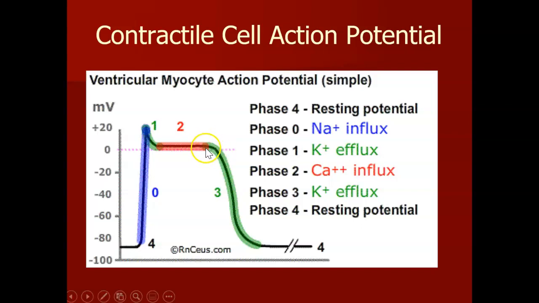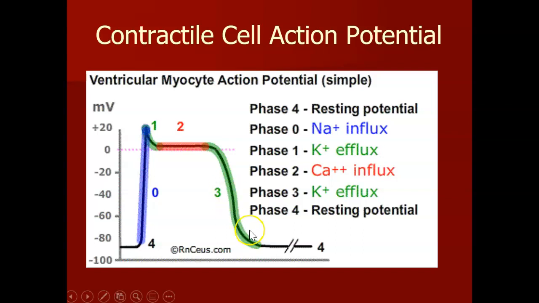So at some point, we're going to go into what's labeled as phase 3 here, where the calcium channels are going to slowly close off. We still have potassium channels that are open and spitting the potassium back out of the cell, and that's going to cause this rapid repolarization to occur and bring that membrane potential back down.